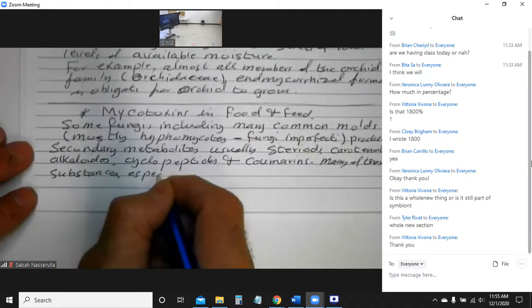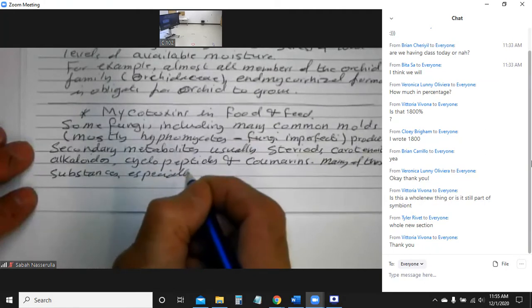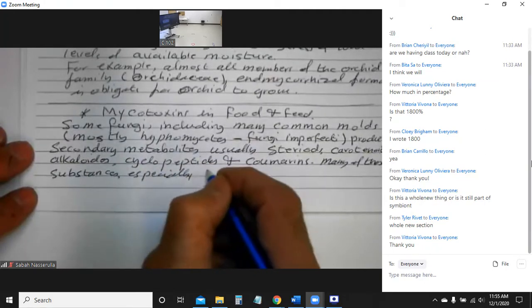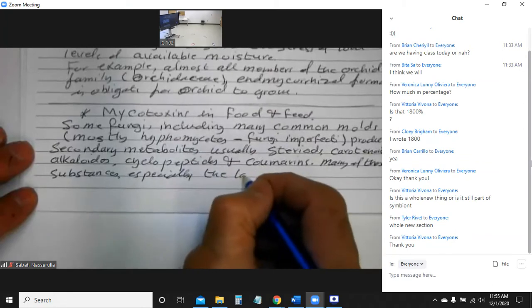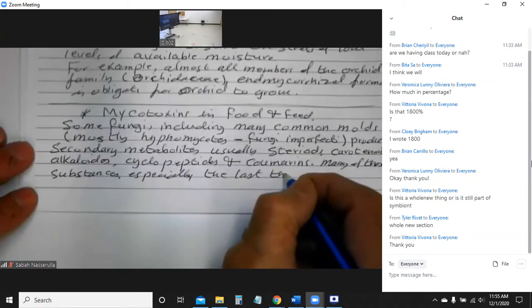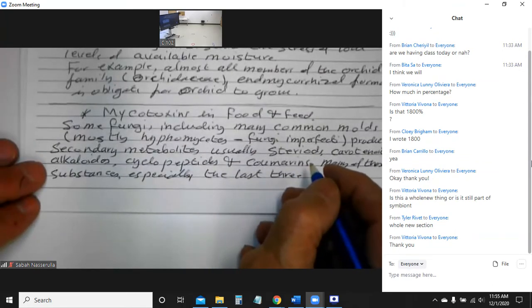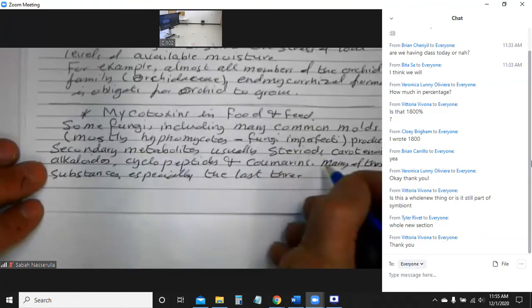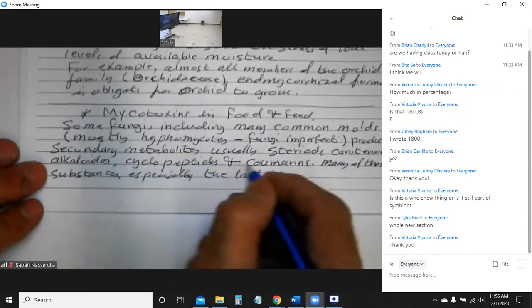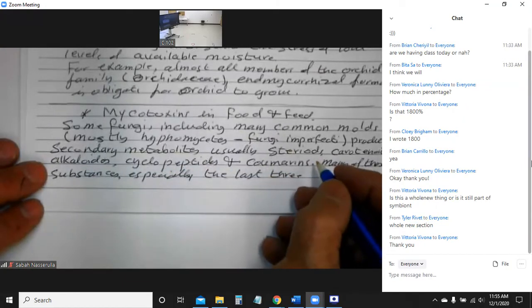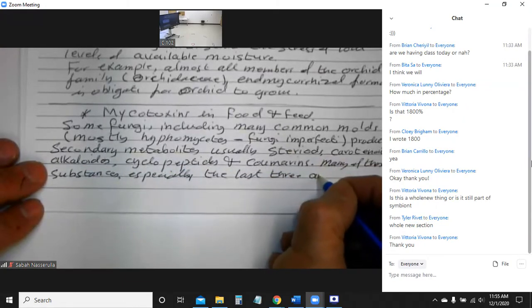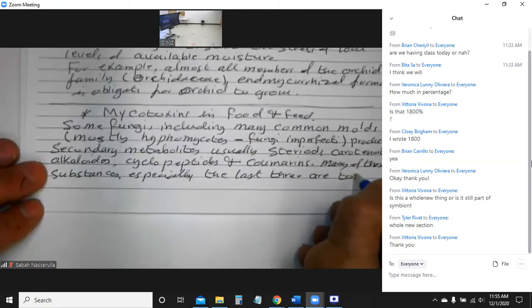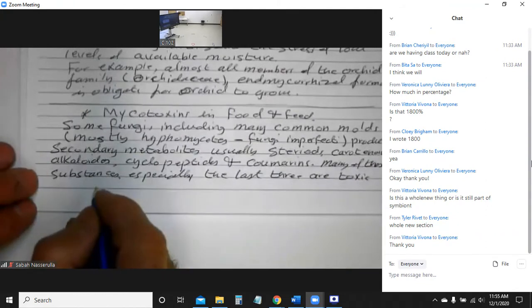The last three categories are basically toxic to animals and also to other microorganisms.